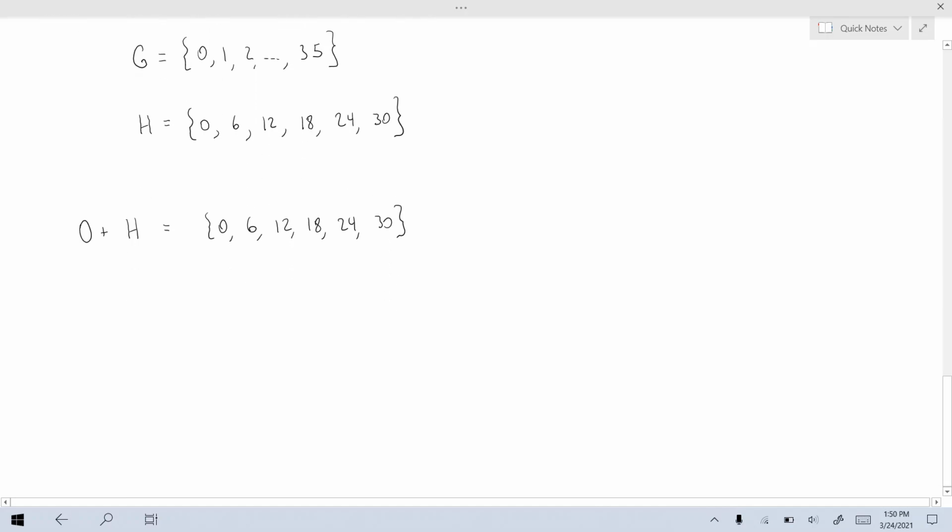Okay. So to get some more cosets, take an element of your group that is missing. So the number 1 is missing. So I'm going to take the number 1, and the group operation is addition. So I'm going to add it to everything in H. So here is another coset of H right now.